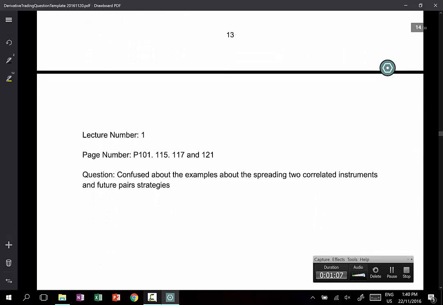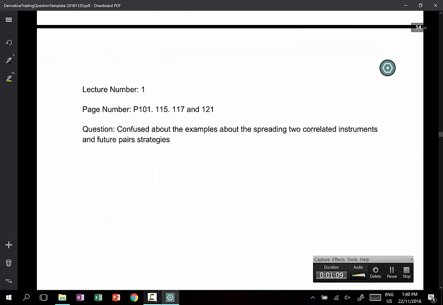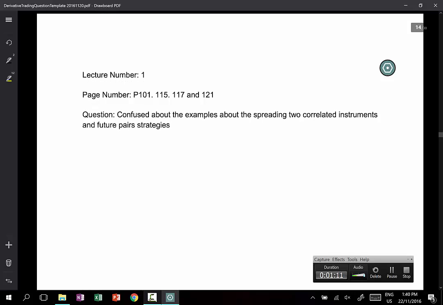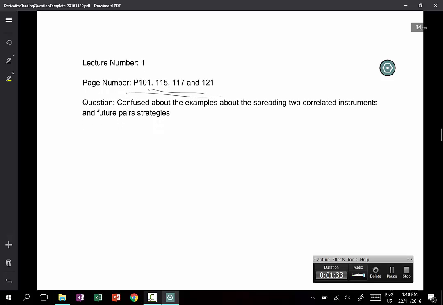After this, trading the divergence, convergence of two correlated instruments. So this is about 10-20 pages after that. It's a little bit different. This is trading two things that are actually different but very similar, namely the DAX versus the Euro Stoxx 50 futures contract.